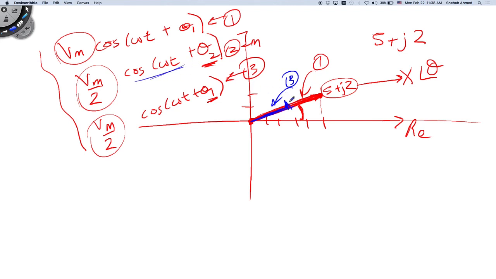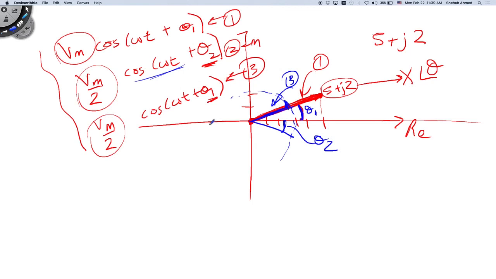Waveform 2 has the same magnitude as this blue waveform, but a different angle. So this would be theta 1, for example, and let's say theta 2 is minus something, right? This is theta 2, but same magnitude. So now I've taken my time domain signal and represented it as a magnitude and an angle on this real and imaginary plane. That's what's called phasor representation.